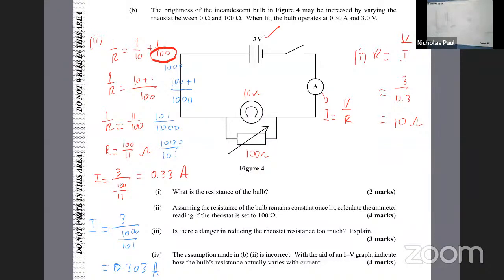Everybody got that? I just find that strange because look at the rating of the bulb. What will happen if the current is more than 0.3?